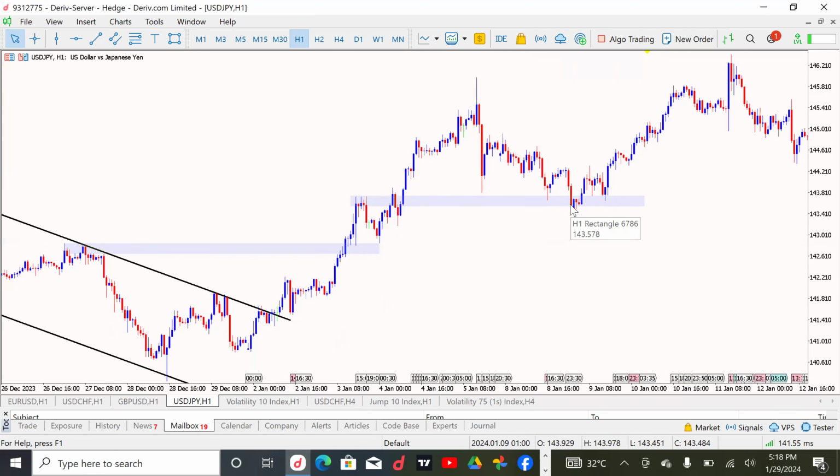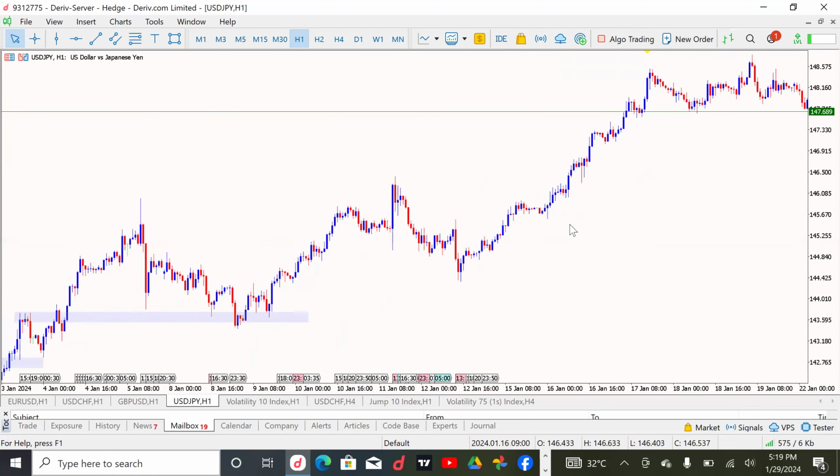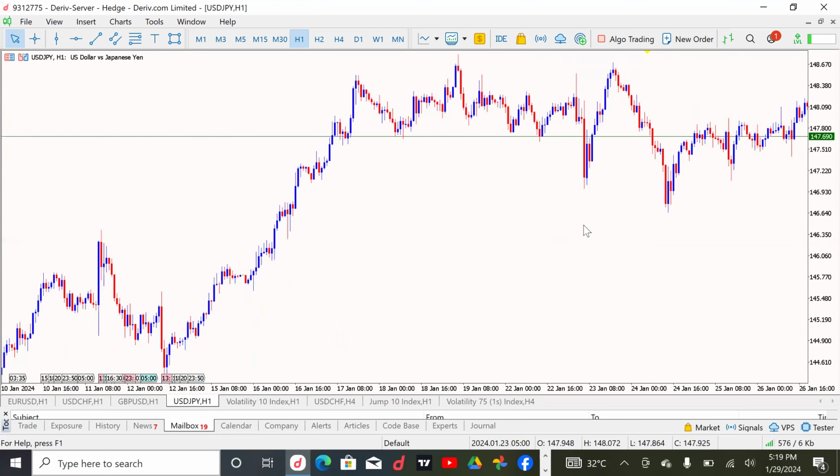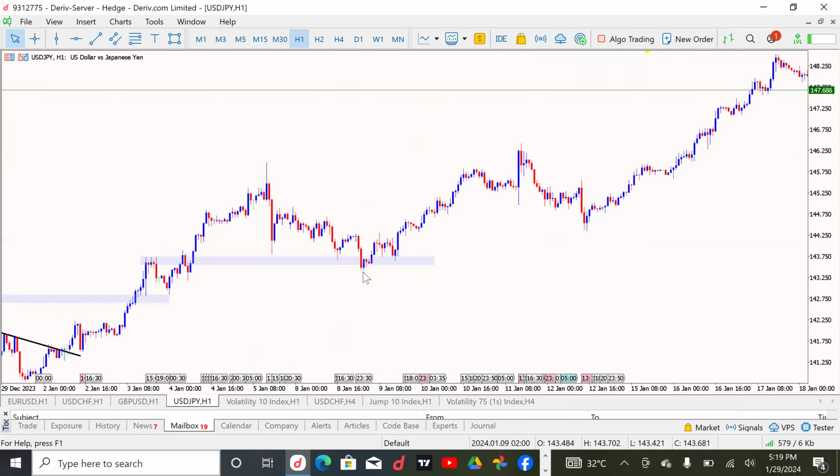This is USDJPY. The reason I use JPY for this analysis is because it respects structure and market analysis so well. So price changed, and we have our higher low, our higher high, right?